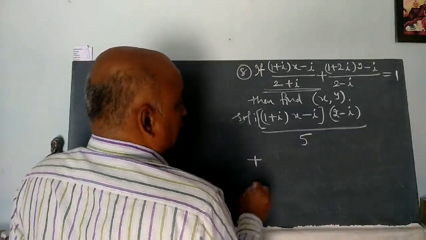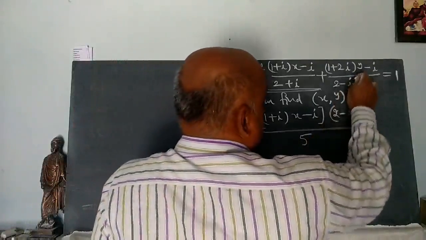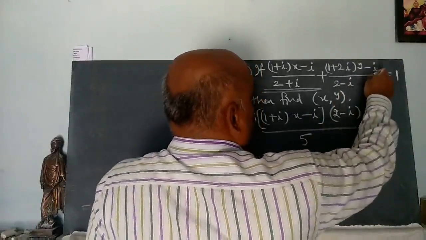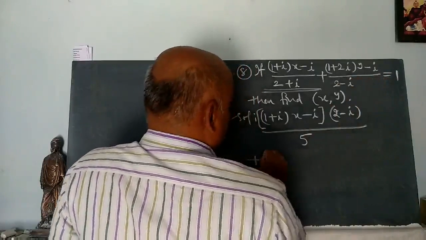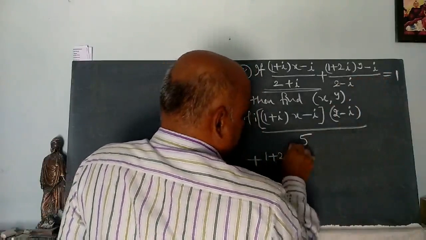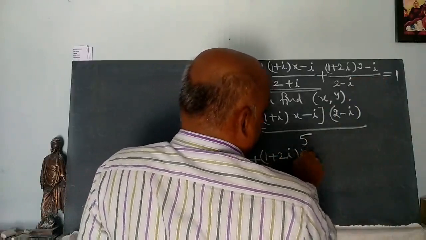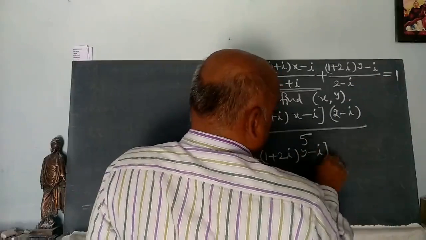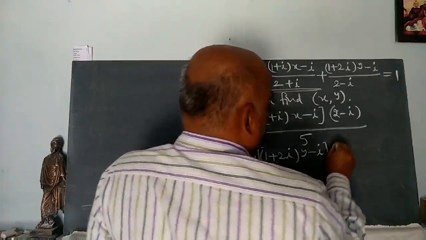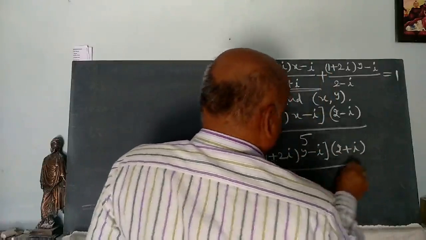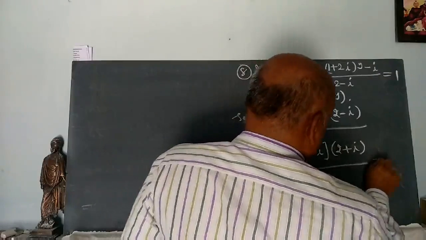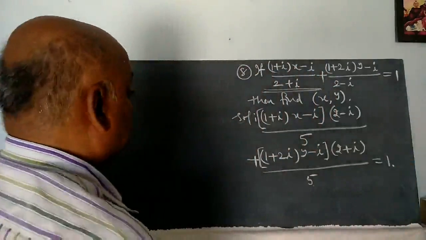Plus, consider the second term, again multiplying and dividing by the conjugate of the denominator: (1 + 2i)(y − i)(2 + i) by 5 is equal to 1.